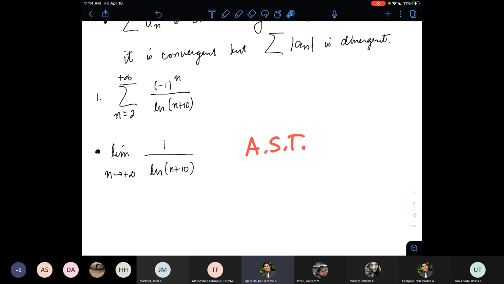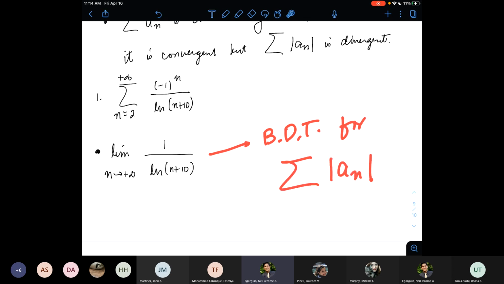If it's equal to 0, then proceed to the next step of checking if this is decreasing. If this is equal to 0, I can proceed with AST. If this is not equal to 0, then I can conclude that it would be divergent, so there would be no questions asked. Also, this is a setup for the basic divergence test for the series with the absolute value.